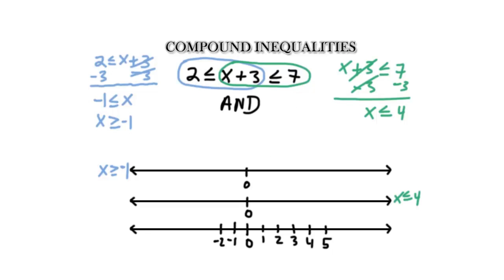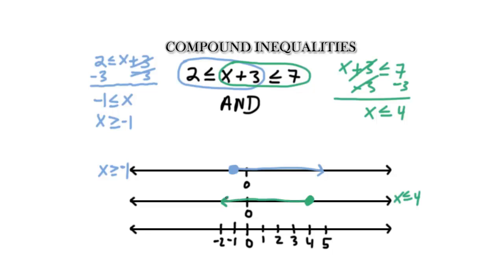The first one is x greater than or equal to -1, so it's going to be a solid circle at -1, and it's going to go in this direction. And then the other one is x less than or equal to 4, so we'll start at 4, but we'll go in this direction.